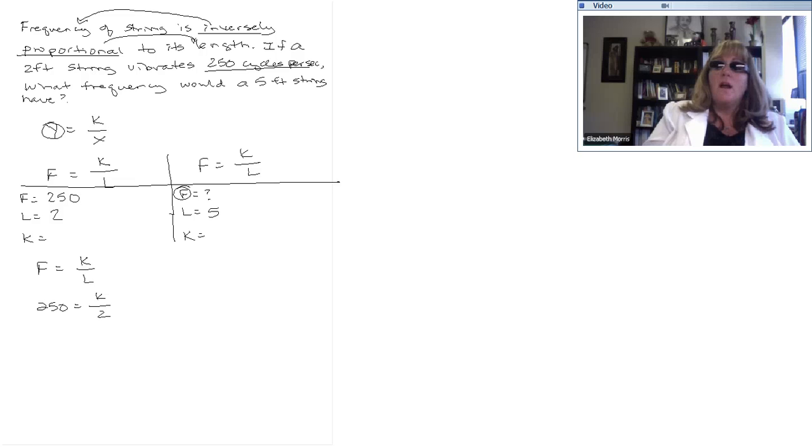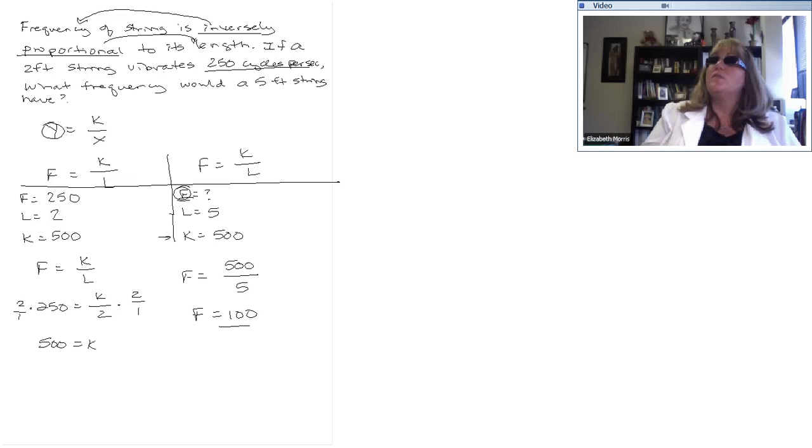To get rid of the 2, I would multiply, and I get K is 500. K is 500, and it's the same on both sides. And now I can solve for this F. F is equal to K over L. So F is equal to 100. So the frequency of a 5-foot string would be 100.